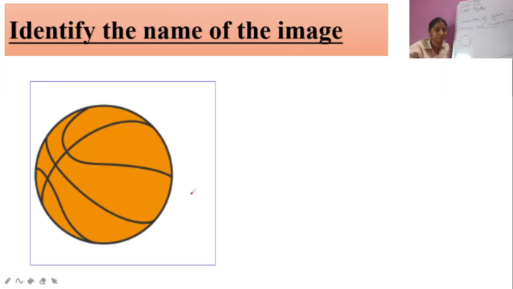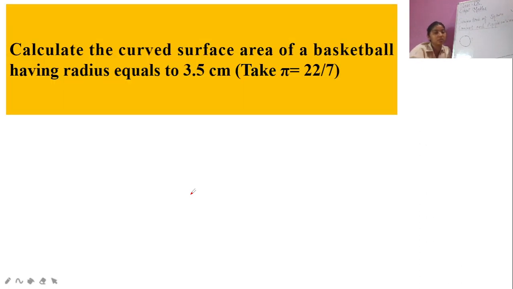Okay, so now, what is this on your screen? Identify the name of this image. Yes, very good, that is a basketball. Okay students, so we have a question related to this. Calculate the curved surface area for a basketball having a radius equal to 3.5 centimeter, and you have to take the value of pi as 22/7.